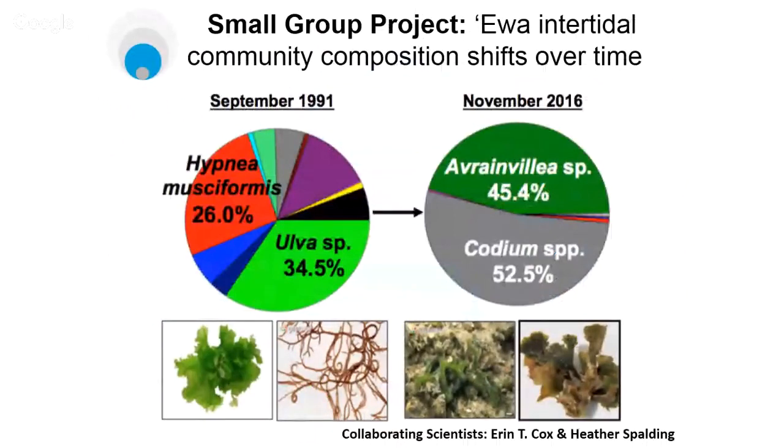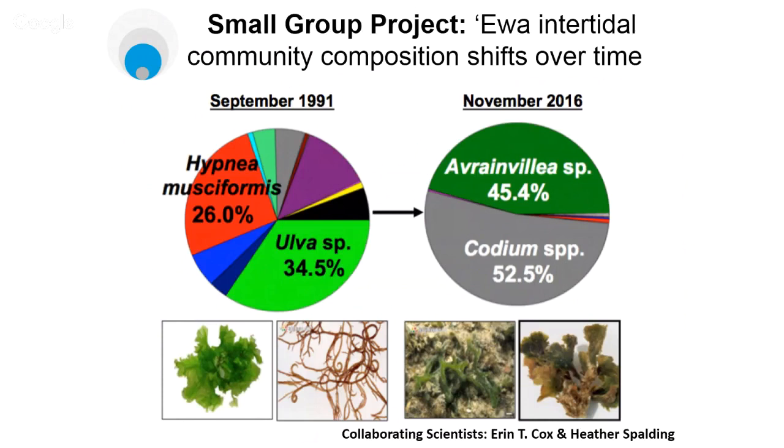Okay, so I don't have that much time to go into depth in any of these, but hopefully this will give you an idea of the kind of work that the students do. So in Ewa, the students worked with Erin Cox and Heather Spalding on looking at the algal communities out there. And they had data that dated back to the early 90s.